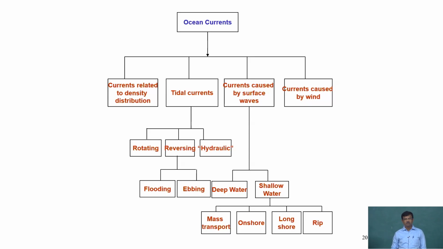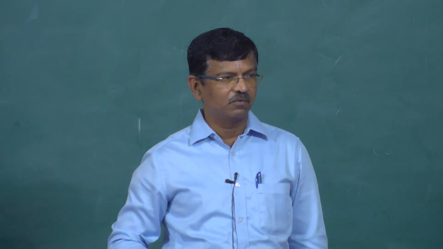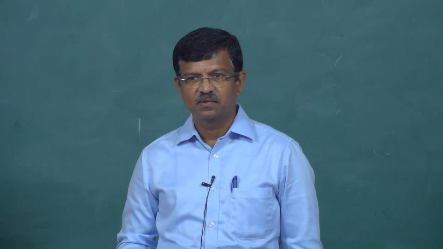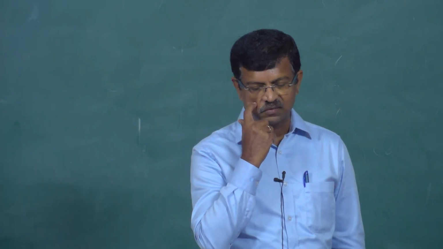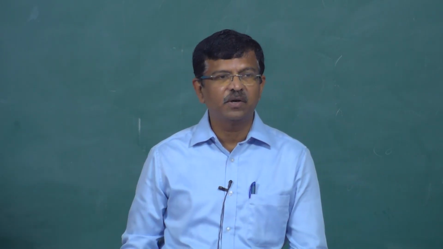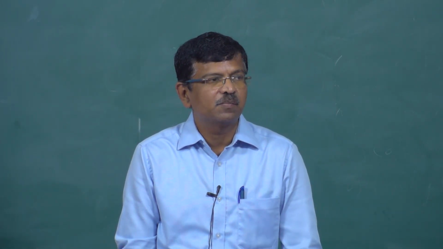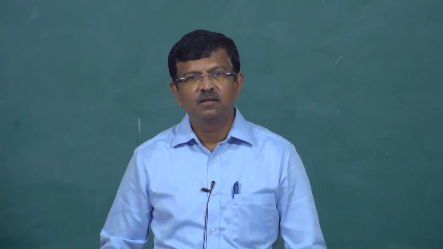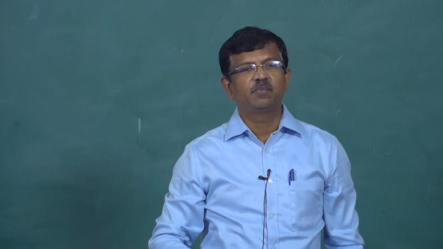And then tidal current is very important in the sense that it is occurring every minute, every second, over the entire ocean. Tide is due to the attraction between the celestial bodies, the sun, moon and earth, so it always exists at any point of the places. Wherever there is some constraint, particularly in India, the Bay of Bengal and Arabian Sea, there is a kind of funnel shape on both ends.